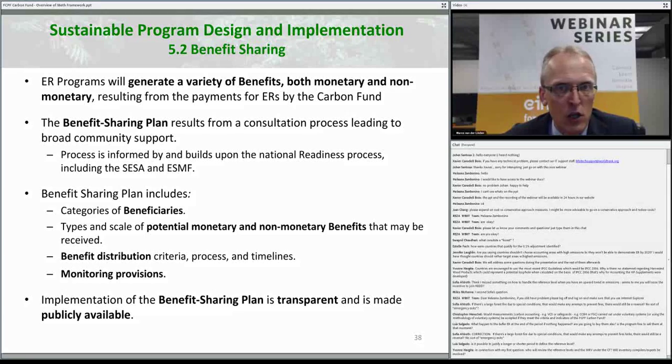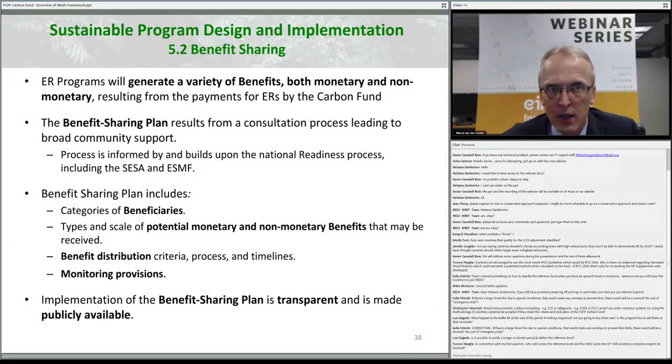Then the methodological framework requires that the benefit sharing plan includes things like the categories of beneficiaries, the type of benefits that will be shared, distribution criteria, etc. Doesn't mean that it has to be saying, okay, farmer X gets $2, but at least you should define the broad categories of beneficiaries and explain how the money is going to be distributed and how that will be used to support the program and ensure that the drivers of deforestation will remain addressed.